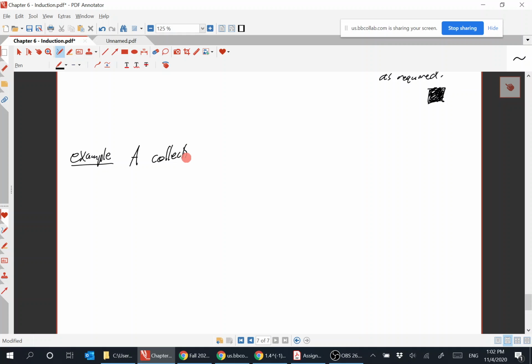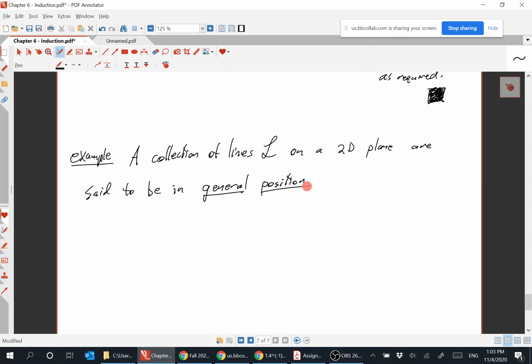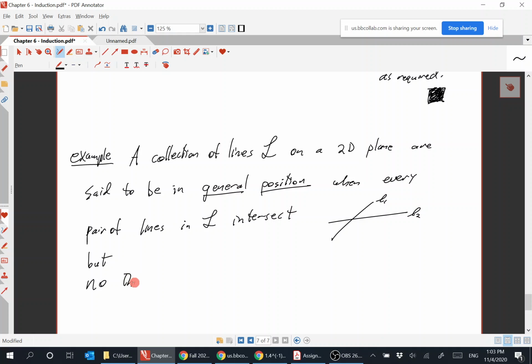A collection of lines, L, on the two-dimensional plane are said to be in general position when every pair of lines in L intersect, but no three lines in L intersect at the same point.